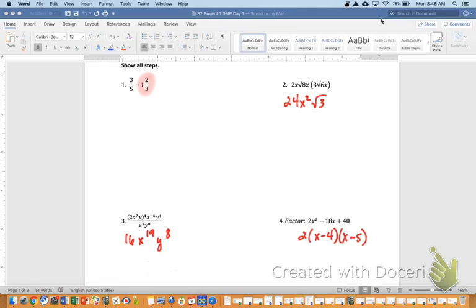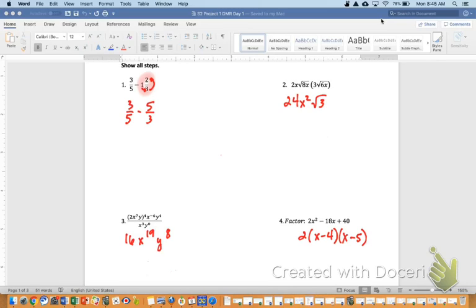So what do we want to do to get it in the form we like? Improper fraction. So 3/5 minus, what would that second fraction be as improper? You multiply the 1 times the 3 and then add the 2. So 1 times 3 is 3, and 3 plus 2 is 5. So 5 over 3 is that second fraction.